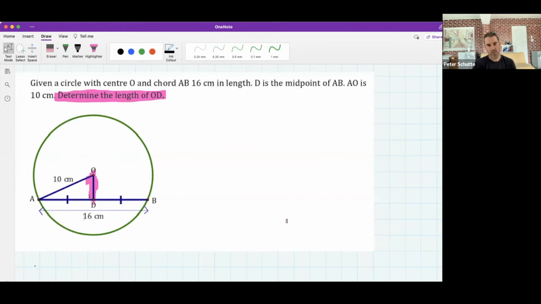Okay, so Pythagoras is going to be involved again. And some other comments, OD is 6, it sounds like, from the people in the room.